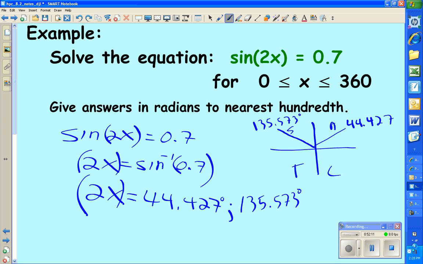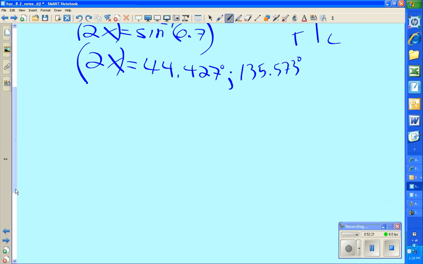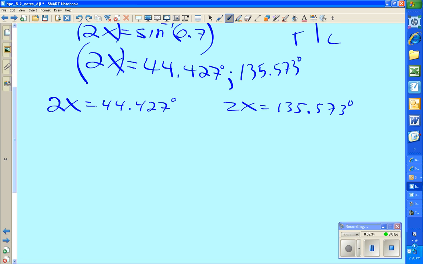You subtract this from 180. Okay, so now we're going to have 2 equations: 2x equals 44.427 degrees, or 2x equals 135.573 degrees. If you divide by 2 here, what do we get?